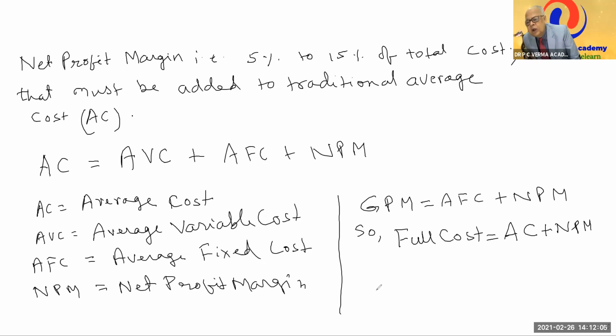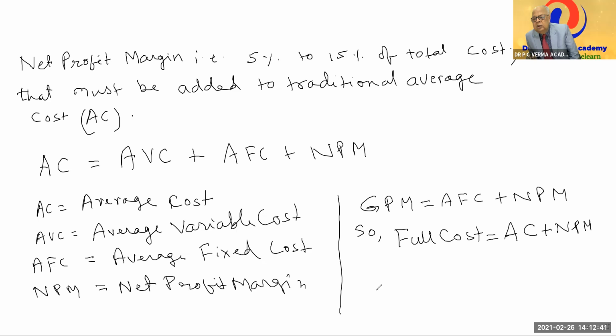You strike out NPM there. Traditionally it is correct. TC is equal to TFC plus TVC. This is a strike out NPM and write the traditional cost concept. Then you write average cost is equal to average variable cost plus average fixed cost plus NPM. It will be added to NPM.